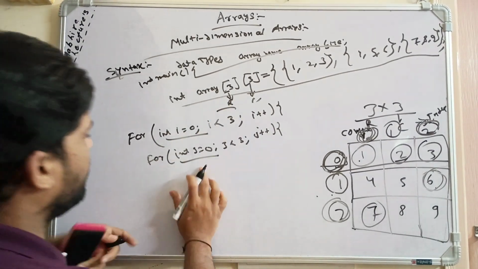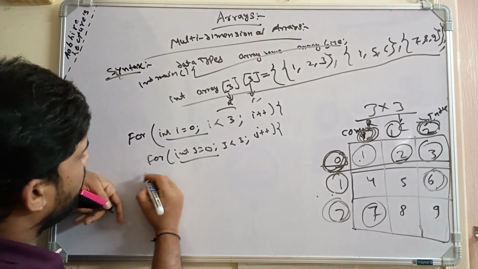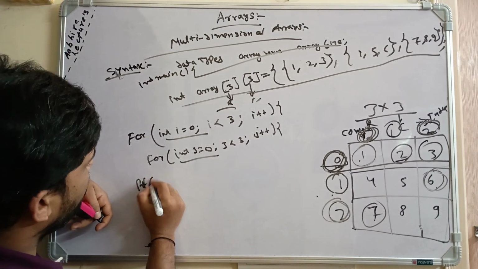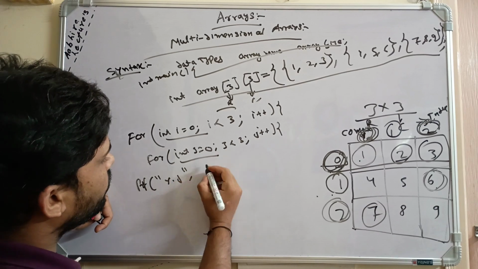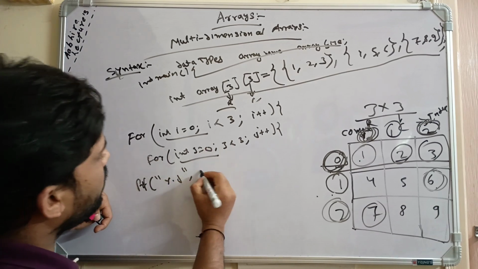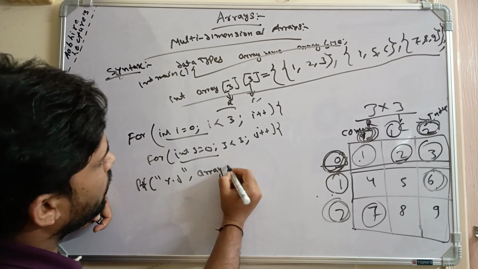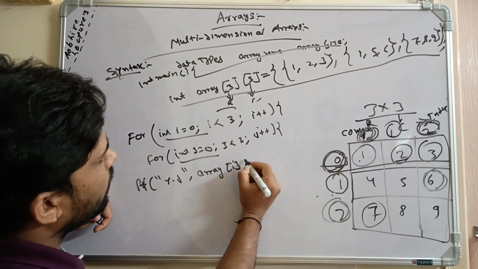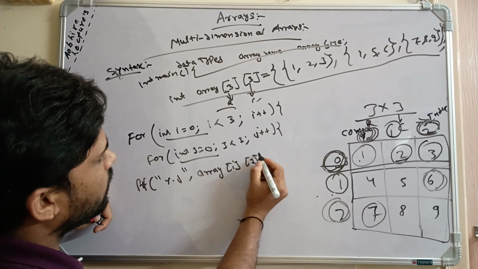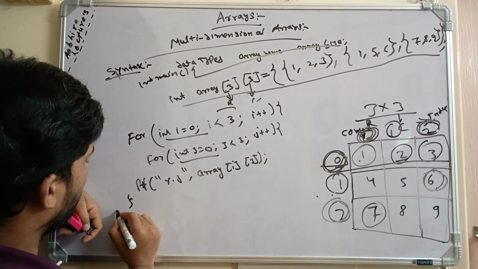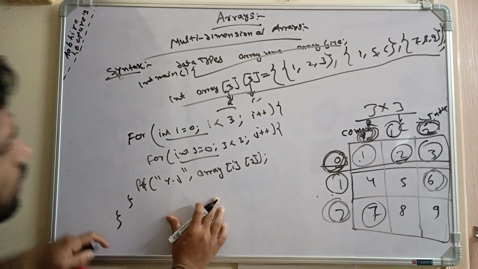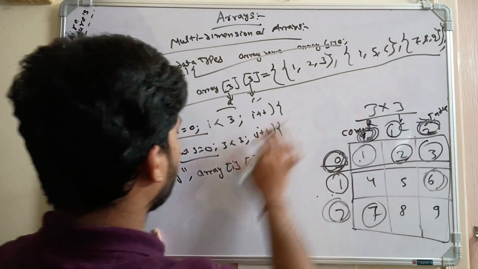Like that we can understand. Then here print percentage d, comma, what is the array of I and array of j. Close the bracket.